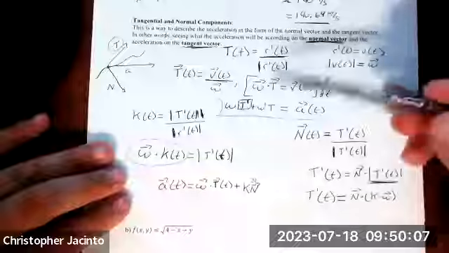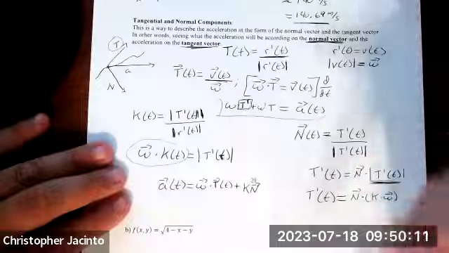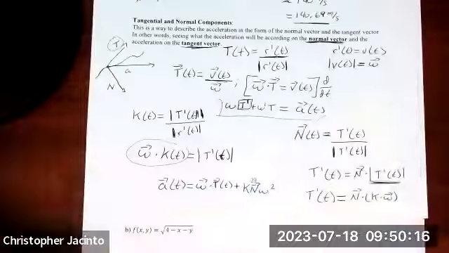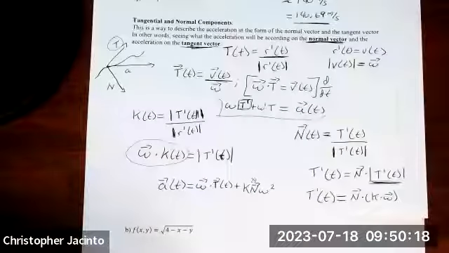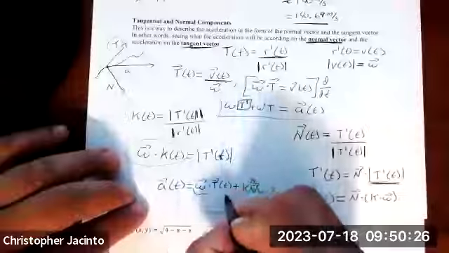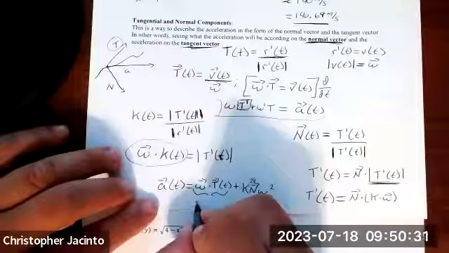Now, I already had a w, and I multiply by another w. So this is going to be this vector squared. Now, before you say why, oh why, okay, this part right here is called the tangential component.